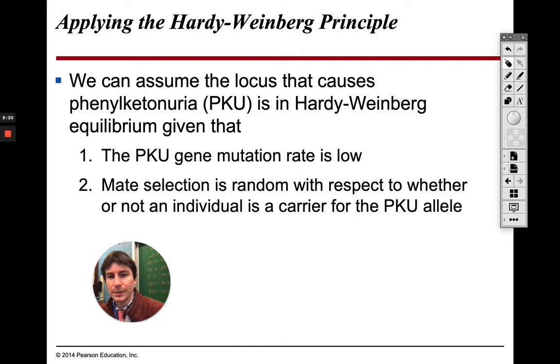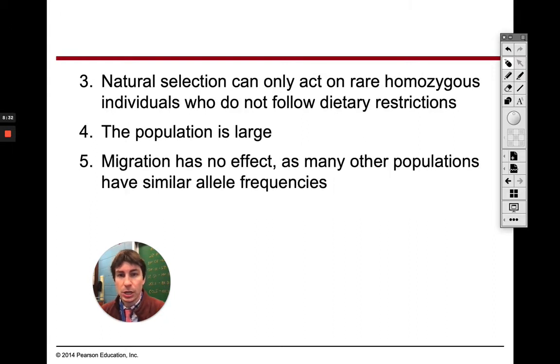We can assume that this is really, really close to Hardy-Weinberg equilibrium because it doesn't mutate often. It doesn't increase or decrease mating, which is kind of nice. Natural selection can only act on rare homozygous individuals, and as long as they eat right, they're good.